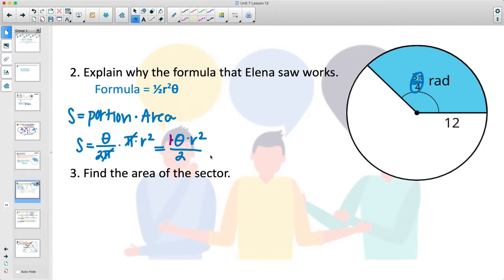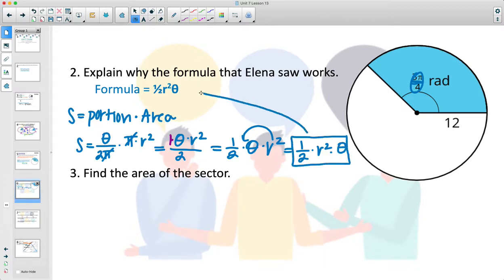So we could rewrite this as a fraction, 1/2 times theta times the radius squared. And we could certainly move the radius in front since multiplication is commutative. We can change the order. And we could do 1/2 times the radius squared times the central angle in radians. So that is why that formula is going to work anytime.